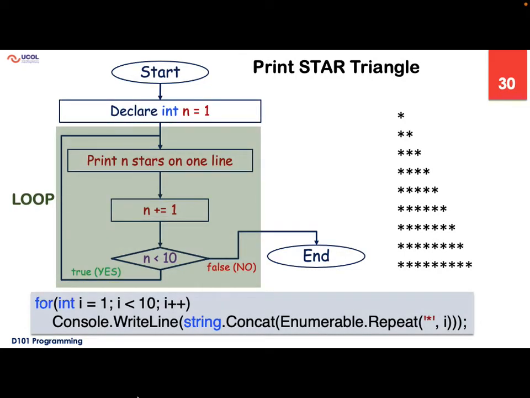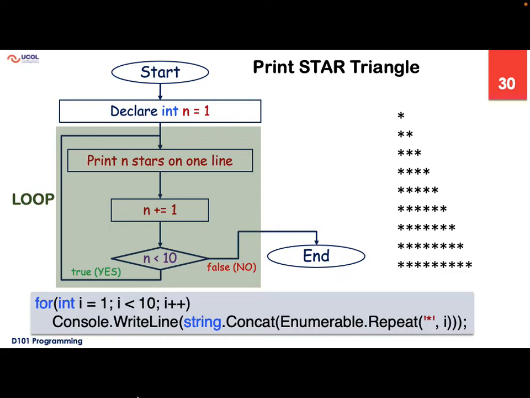Again, in that particular print star, we can do something like for int I is equal to 1, I is less than 10, I plus plus, print the number of stars on the screen. It is a more compact way to write all those things.